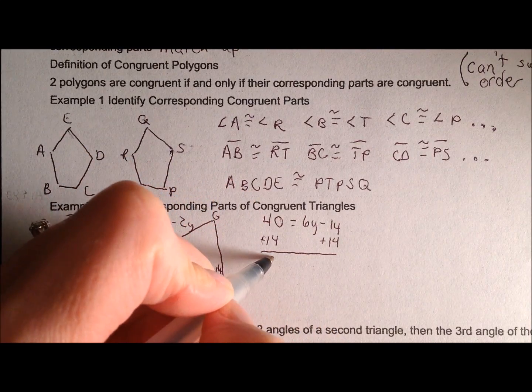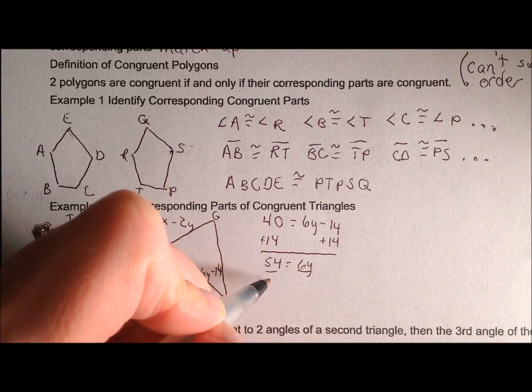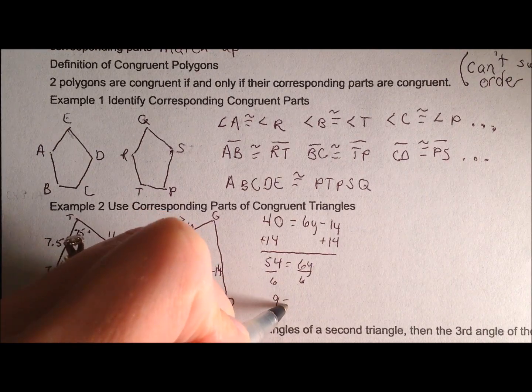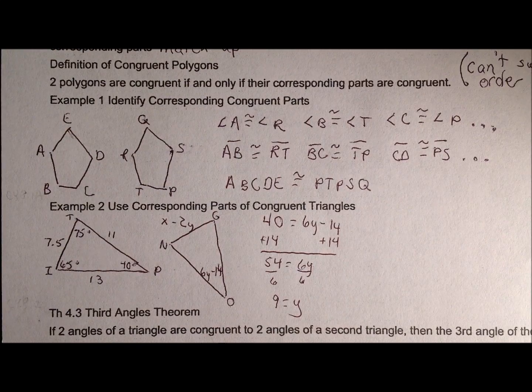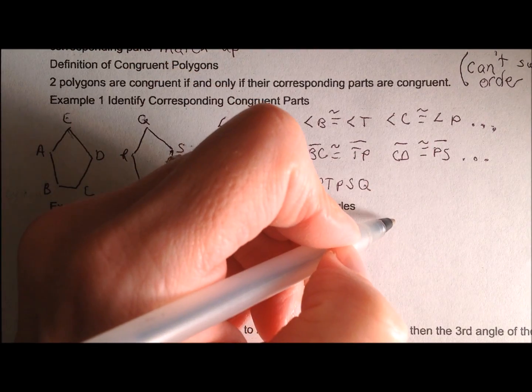And we end up with 54 equals 6y. So when we solve for y, we divide each side by 6, and we have now found that y equals 9.